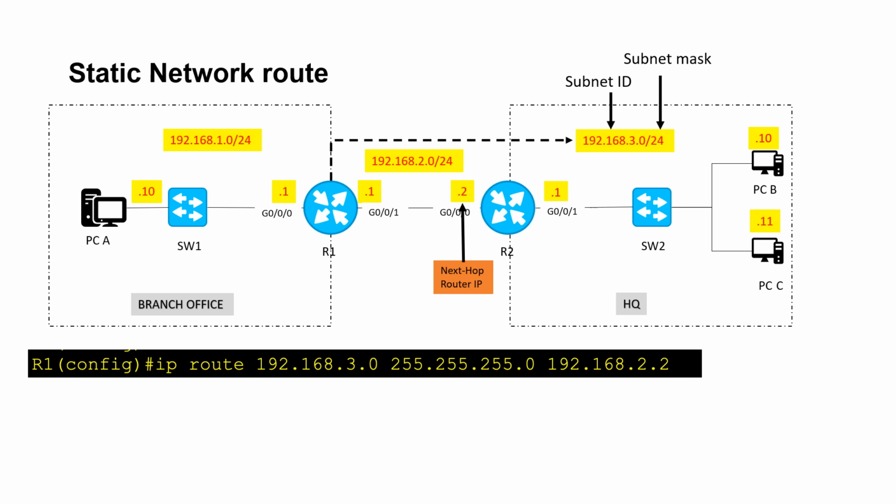Instead of referencing R1's outgoing interface, it lists the neighboring router's IP address as the next hop router. This route basically says that on R1, to send packets to the subnet of router R2, send them to R2's interface IP address to reach the 192.168.3.0 network.